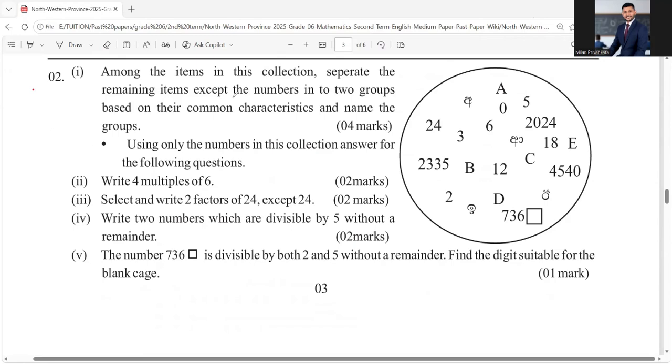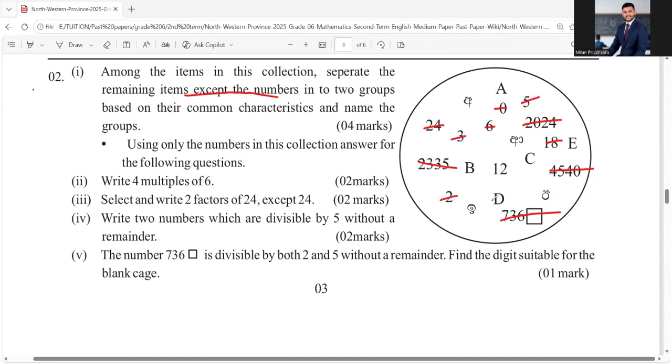Here you have to separate the items except the numbers. Then you don't take these numbers, you have to separate the other things into two groups. So you can see now, what are the other things? Other than numbers, what do you have?